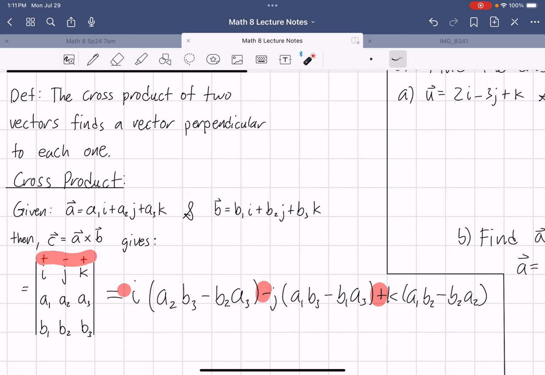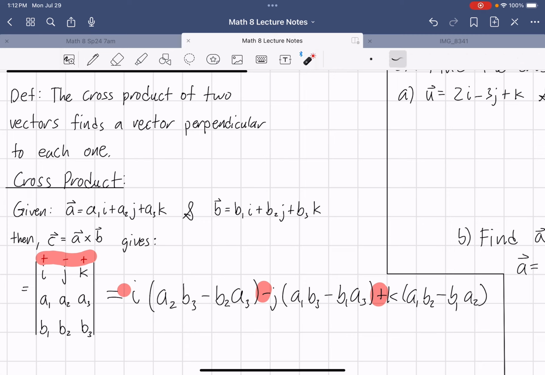And lastly, last column, first row, this square here is a sub 1 times b sub 2, and then minus b sub 1. Oops, I made a mistake. This should be b sub 1 times a sub 2. Did a typo when I wrote it.